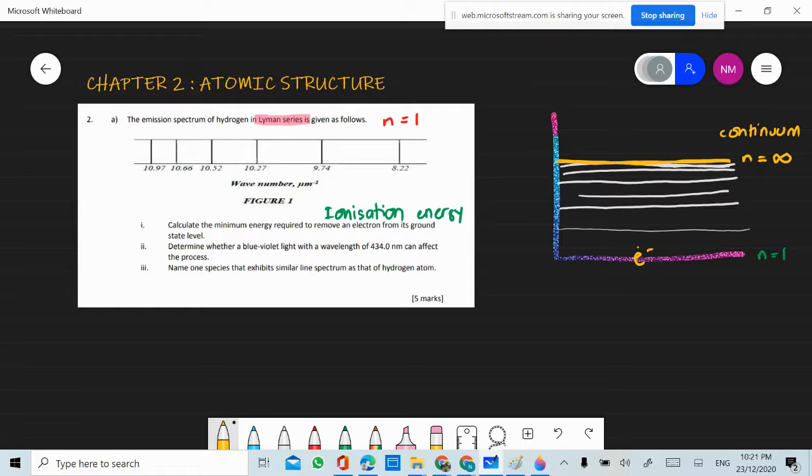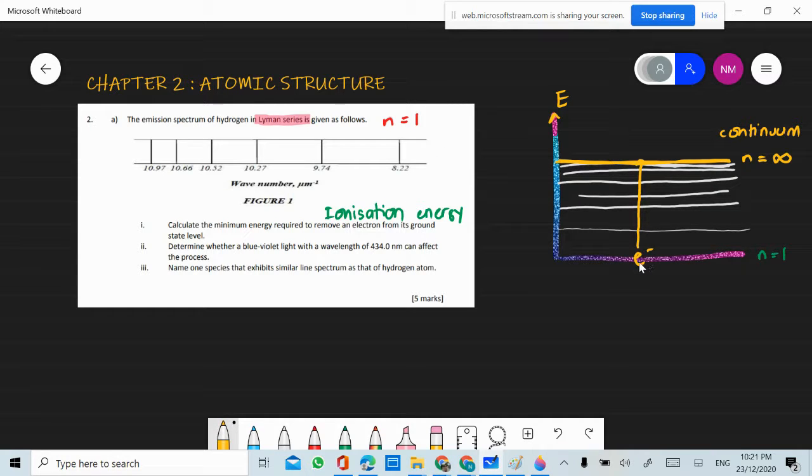So the electron is removed to n infinity. However, this is in terms of its energy level. We cannot calculate from these values, but we need to refer to the spectrum.